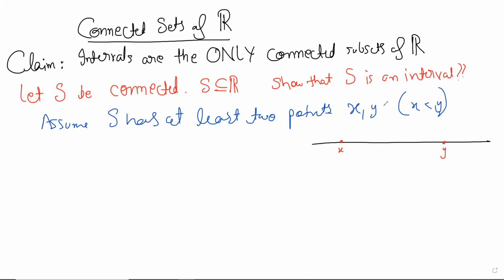No, but S may have other points, and we want to show that S has everything in between. That is the definition of an interval, right? If there are 2 points, then there is everything in between. How do you show that everything in between is in S? Maybe you can write that, because that's how you'll be thinking of it.